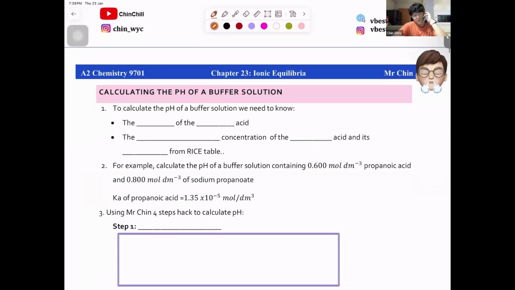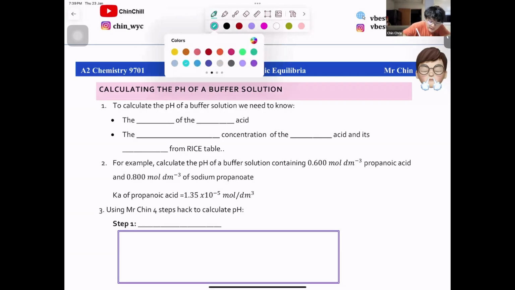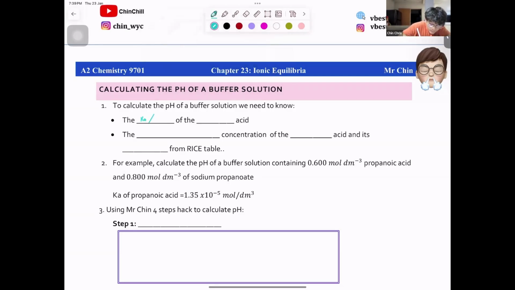All right, guys, now let's move on to the next part. How do you calculate the pH of a weak acid? What do we need? First, we need either the Ka or the pKa of the weak acid.